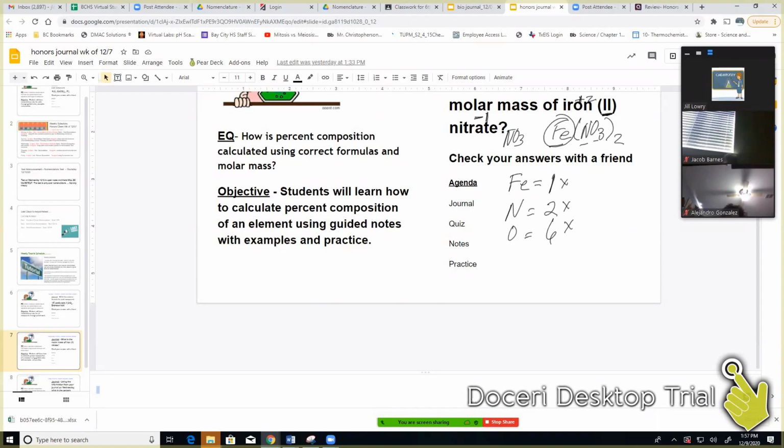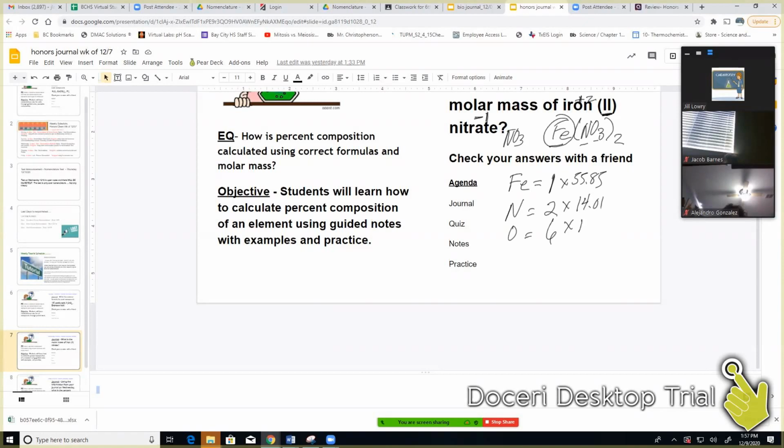So once you figure that out, then you multiply it by their atomic mass off the periodic table. We've done all this before, rounded to 2 places behind the decimal. So for iron, I think it's 55.85? And nitrogen, 14.01. Does that sound correct? Yes.